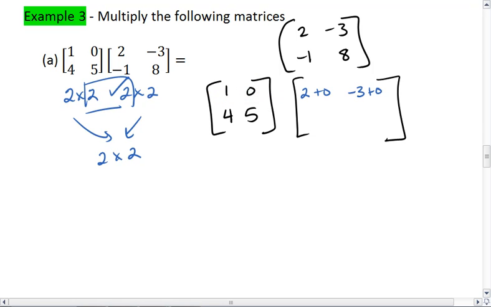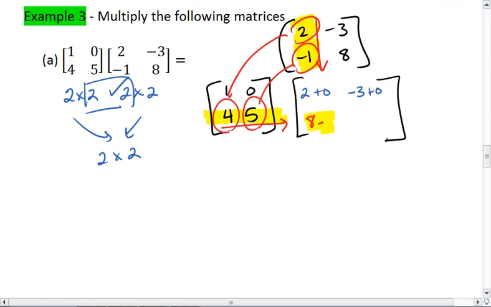Right, to solve for the third element down here, I want to now use the second row and the first column because both of these feed into that element. Do 4 times 2, which is 8, plus 5 times negative 1, which is negative 5.